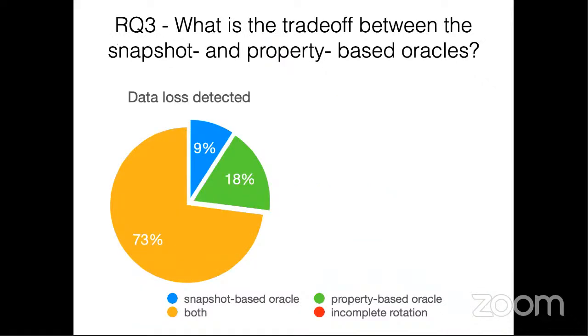In the comparison between the 2 oracles, we can see that a large part of the data loss was detected by both oracles, 73%, but there are 27% of data loss that require a specific type of oracle to be detected. 9% require a snapshot-based oracle, and 18% require a property-based oracle.